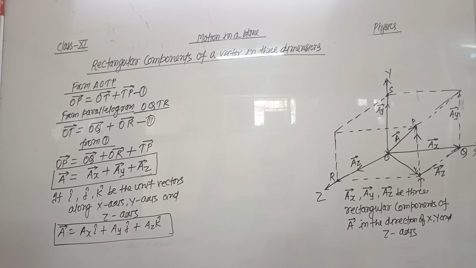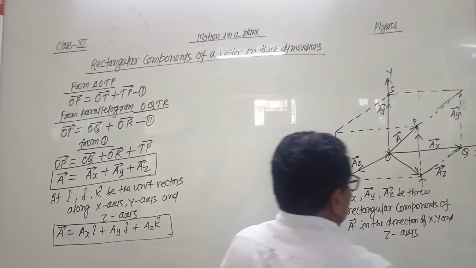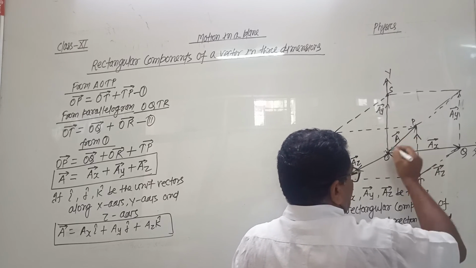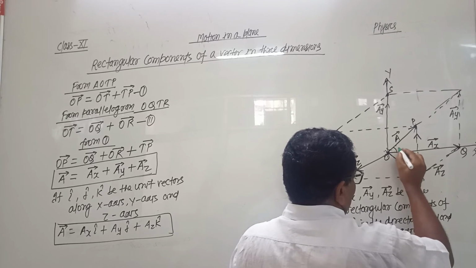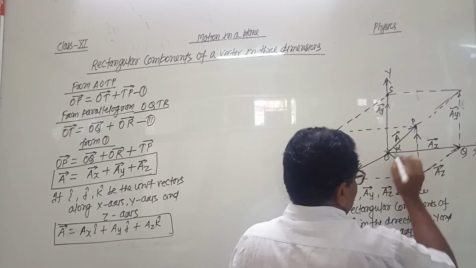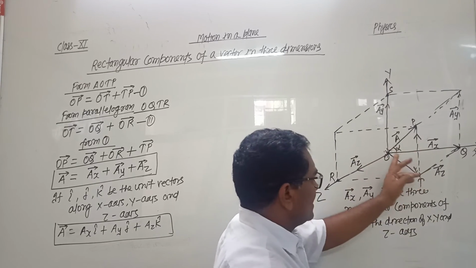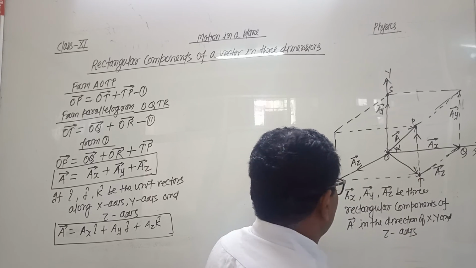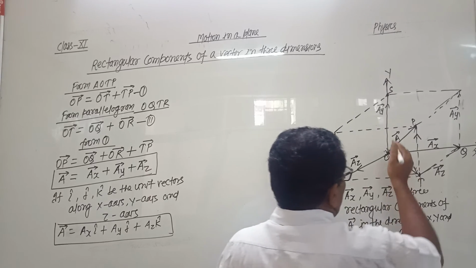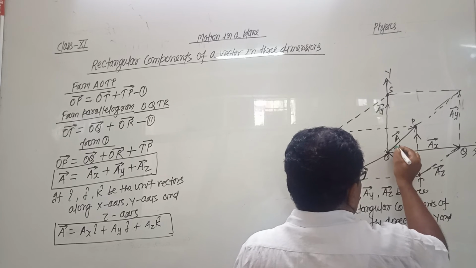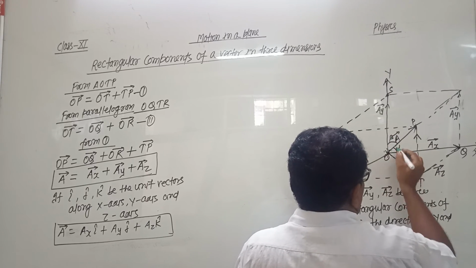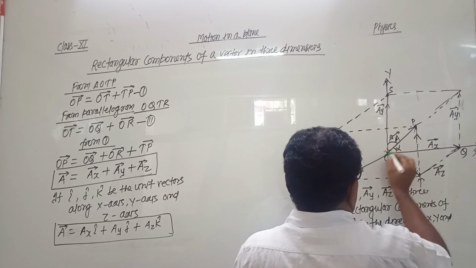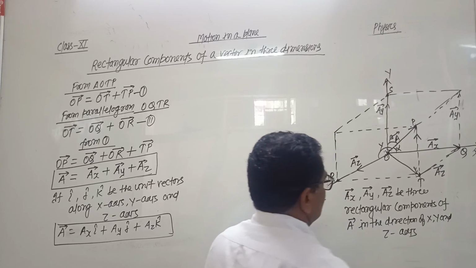Now suppose the vector A, meaning the OP vector, makes an angle alpha with the X axis, an angle beta with the Y axis, and an angle gamma with the Z axis.